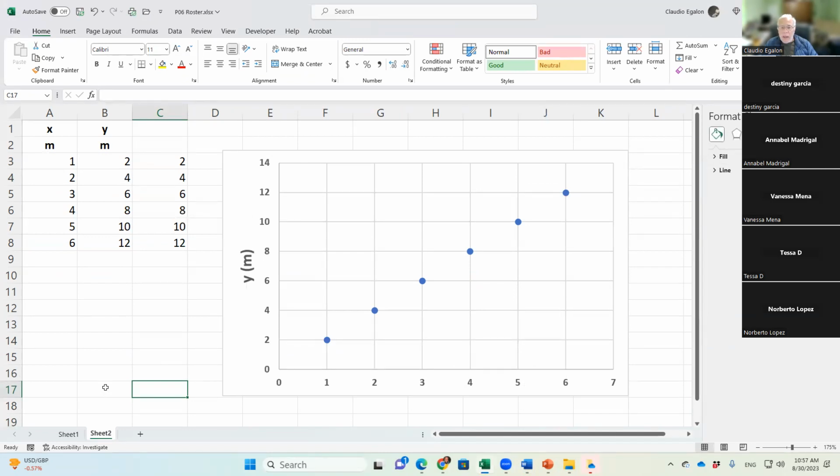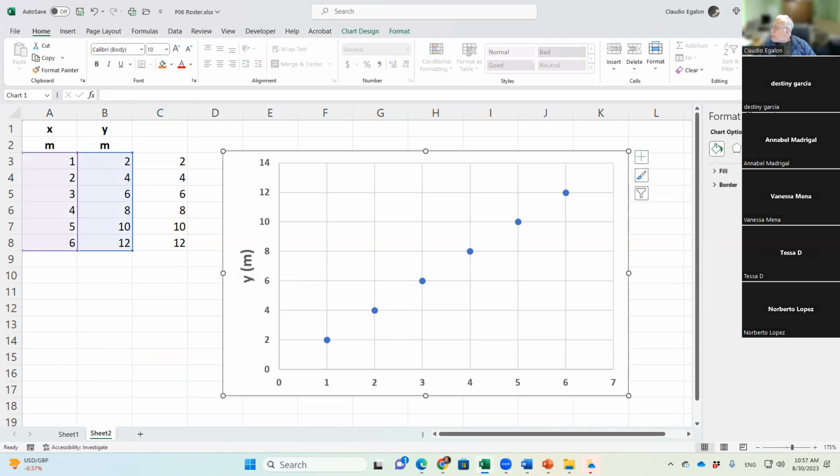I have a Mac. Okay, Mac must be a little bit different. In Windows, you click on the graph and this chart design option shows up. Do you see that on your Mac? Chart design and format.